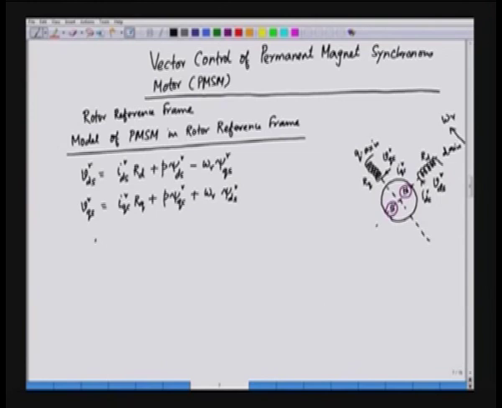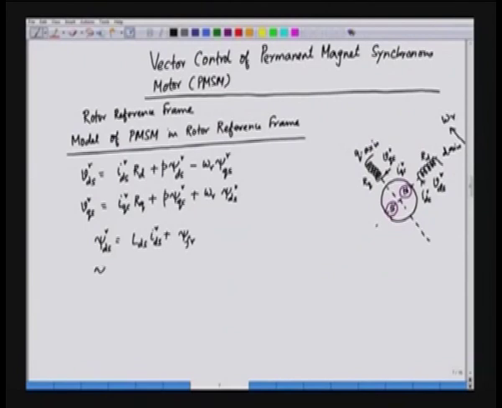Psi ds is given as the flux linkage in the D axis stator, that is LDS into IDS plus psi FR. So, we are talking about the rotor reference frame, we can give the superscript R. Now, in this case the LDS is the D axis inductance of the stator.